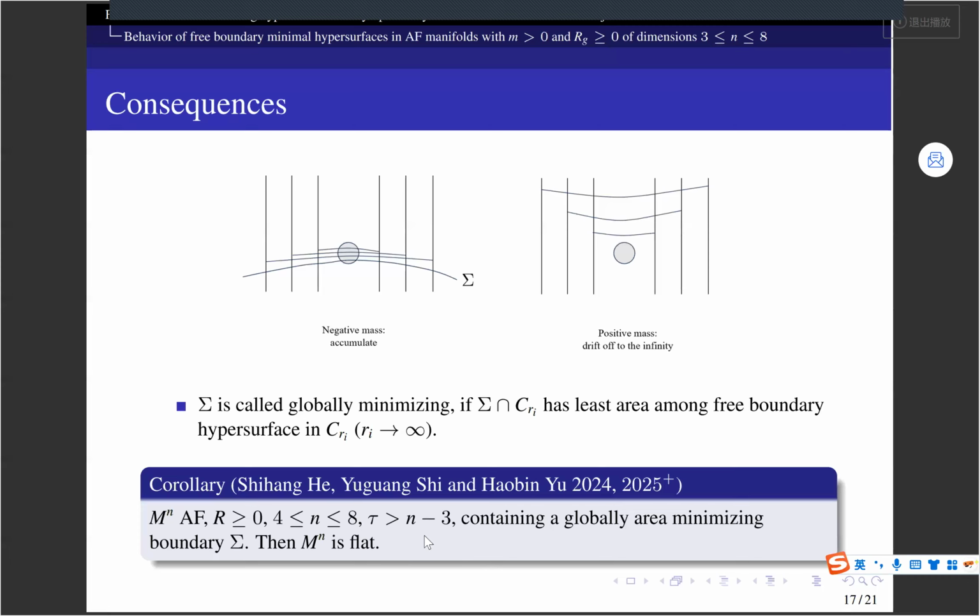So as a corollary, if an AF manifold with non-negative scalar curvature contains a globally area minimizing boundary, then the ambient space is actually flat, which may also be regarded as a version of higher dimensional Schoen's conjecture.